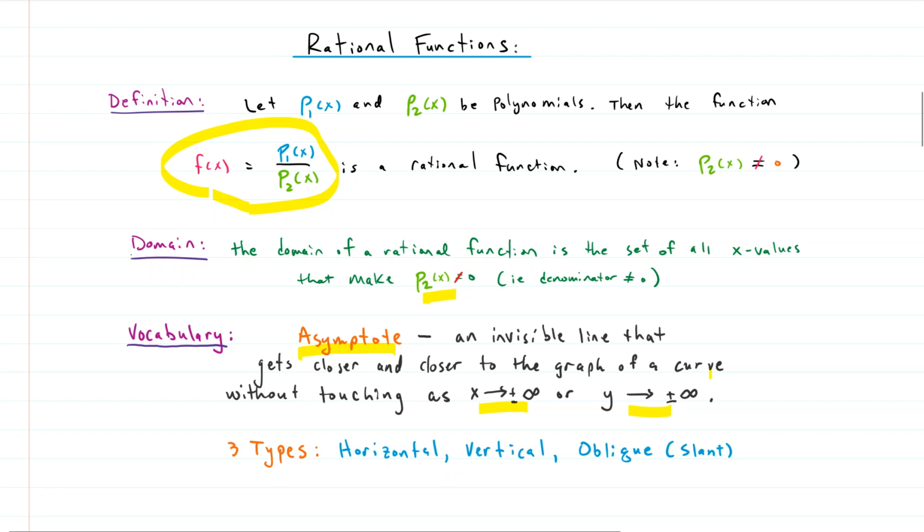And we'll give you some pictures so that you can see what exactly I'm talking about. There are three types of asymptotes: horizontal, vertical, and of course the oblique, the slant asymptotes.